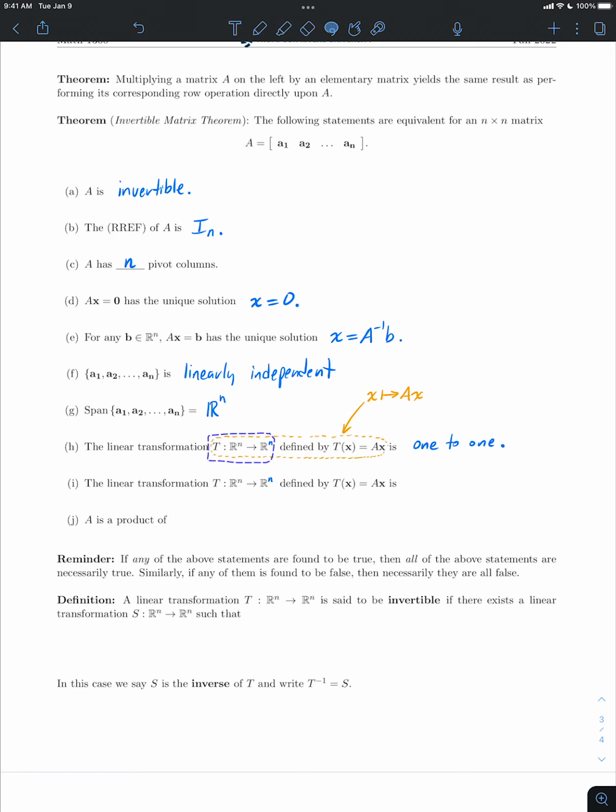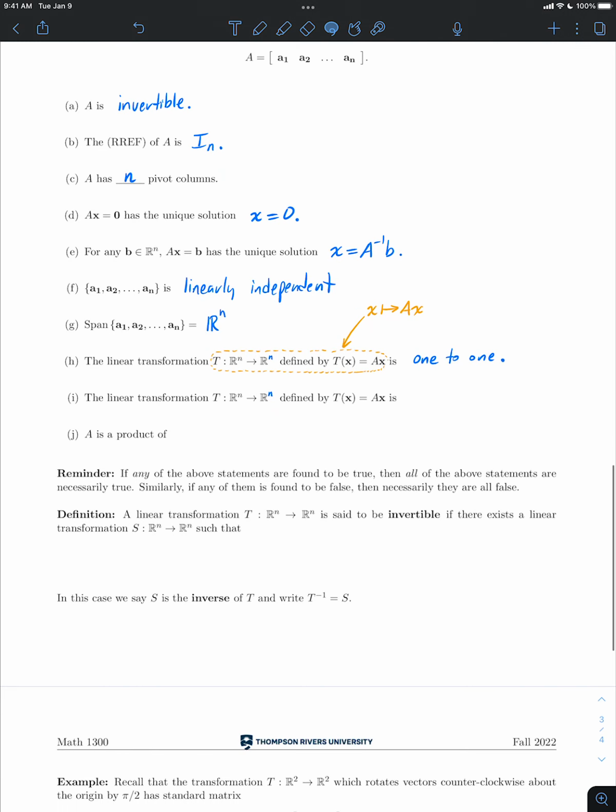But this is really just a short way of saying this. And notice the letter T didn't need to get written down here at all. That's one of the nice things about this notation: it allows you to describe the actual action of the transformation without having to specify symbols to describe it. Okay, that's a bit of a digression, but you will see that notation sometimes.